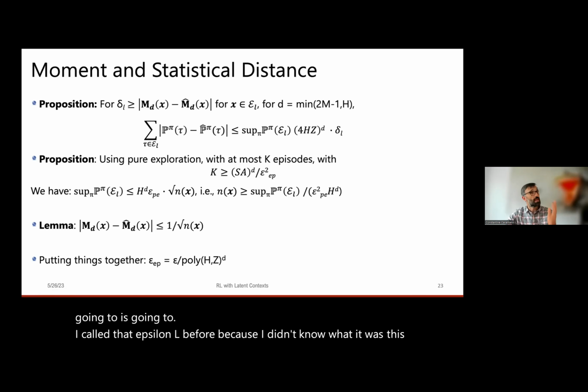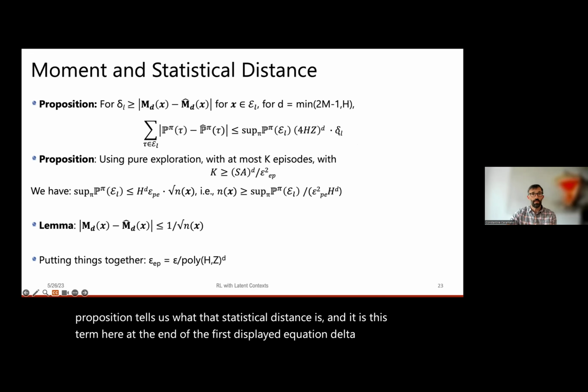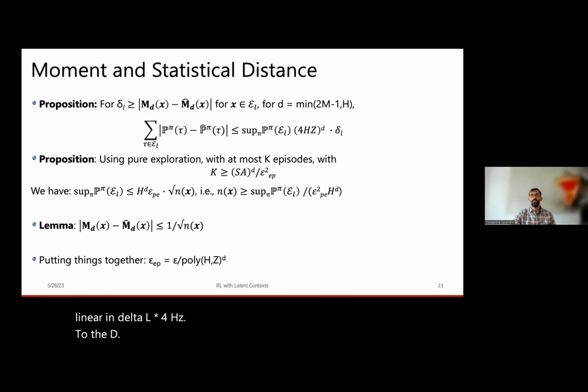This proposition tells us what that statistical distance is. And it is this term here at the end of the first displayed equation, delta L, so it's linear in delta L, times 4h to the d. That's in a way the main result.